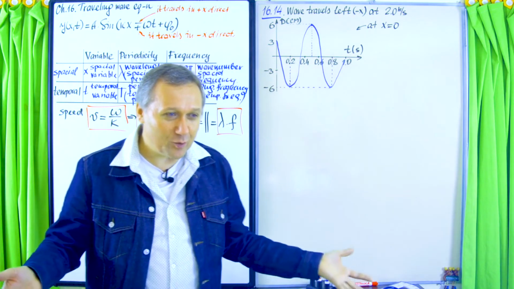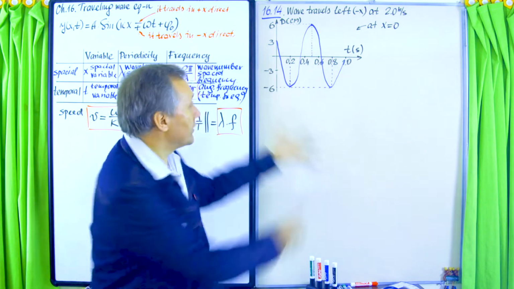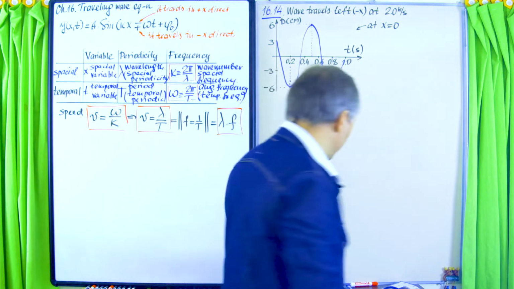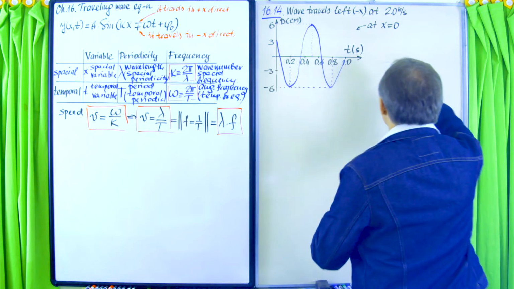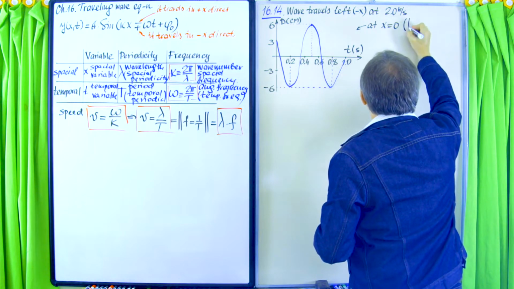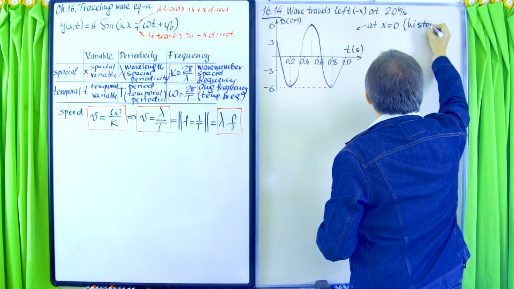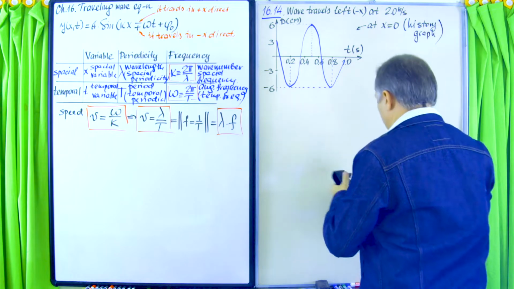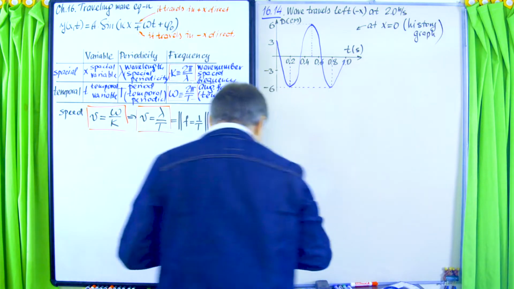That's it. We have tons of temporal information, yes, but spatial information is missing. So let me write: this is a history graph, right?